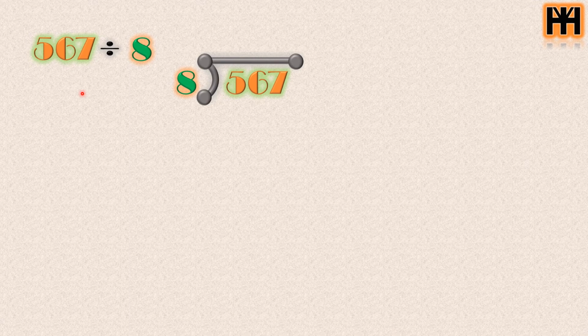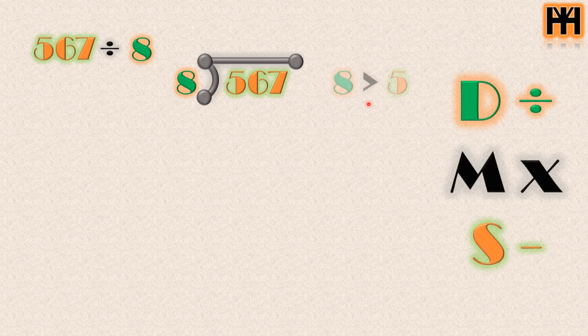Okay, now we have 567 divided by 8. So we'll ask ourselves first, can 5 be divided by 8? No, because 8 is greater than 5, so 0 is here. Then 56 divided by 8, or how many 8s are inside 56? It's 7. Then 7 multiplied by 8 is 56, then subtract them.